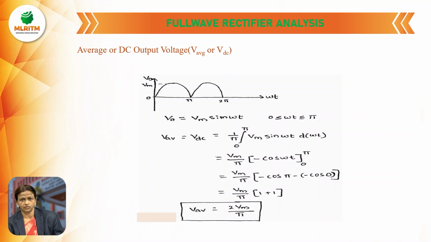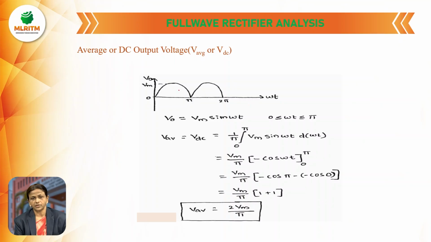Again, calculate all these parameters: average value or IDC value, IRMS value, ripple factor value, and efficiency. For this full wave rectifier also, all these parameters are calculated one by one. Now calculate the average value, or VDC value, for the full wave rectifier. For this full wave rectifier, the output will be like this.